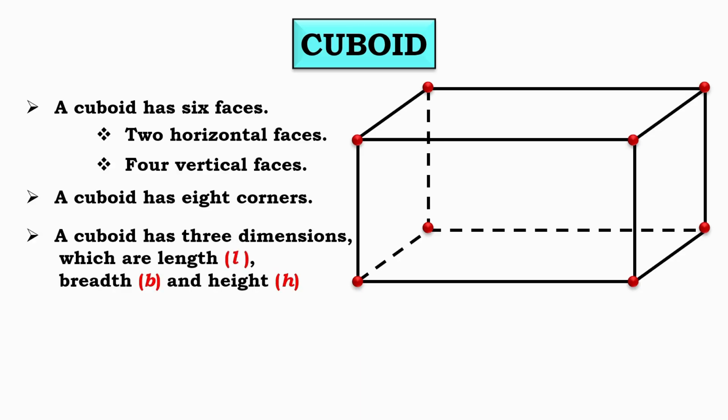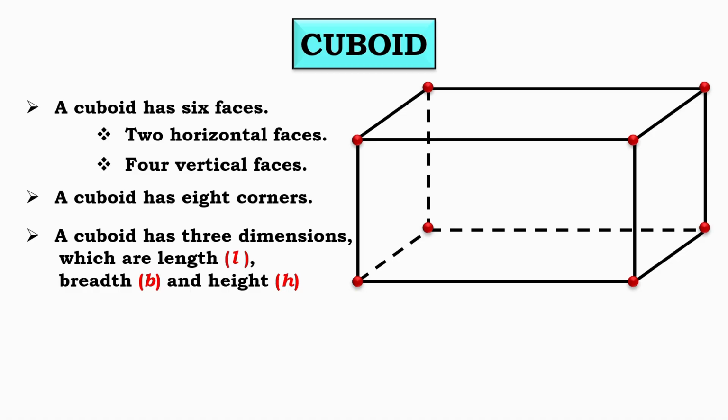A cuboid has 3 dimensions: length, breadth, and height. You can say it is made up of rectangles. A rectangle is a 2D figure, which has only length and breadth.